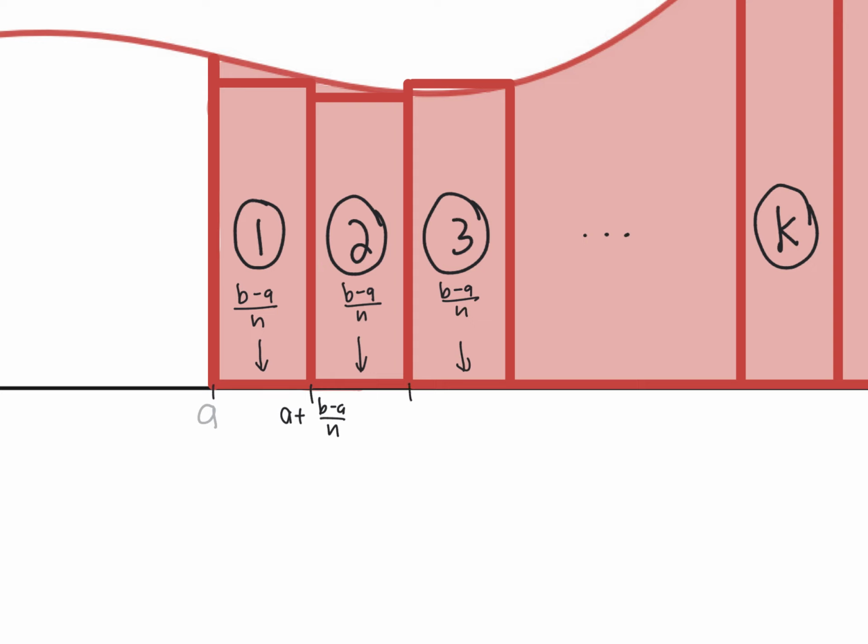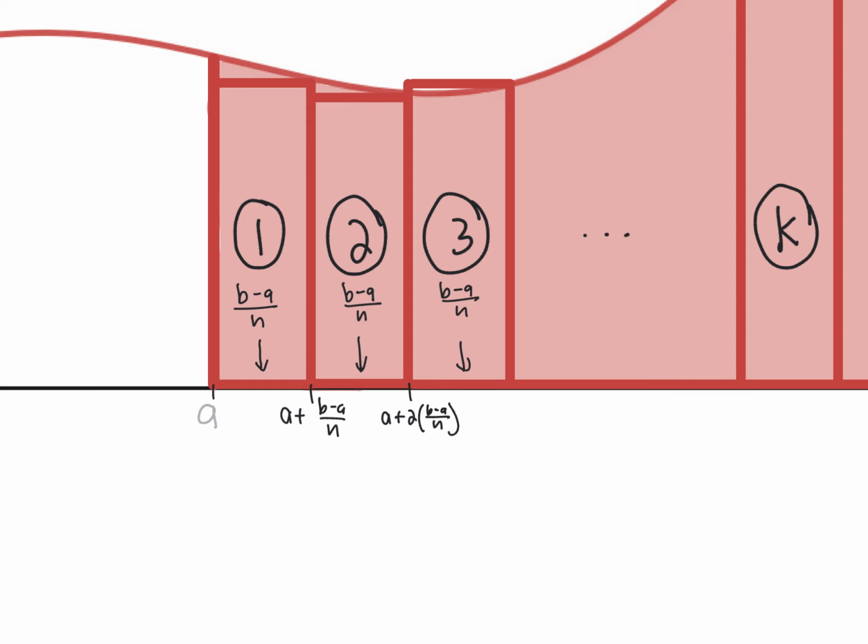Okay, let's get the next x value. Let's say we start at a again. That means we have to add b minus a over n twice to a to get to this x value. Once, twice. So this next x value is a plus 2 times b minus a over n.